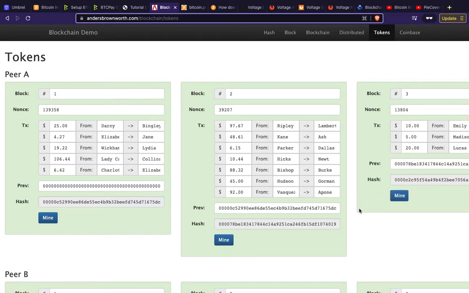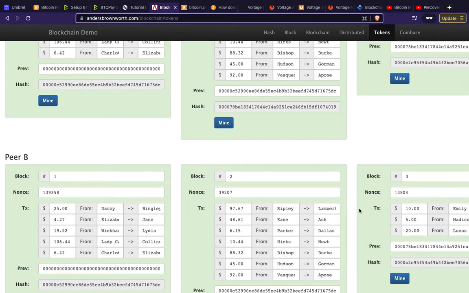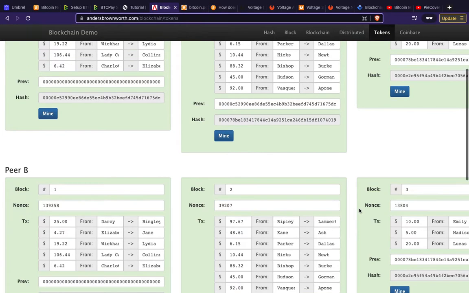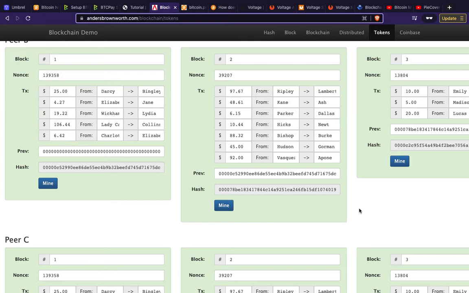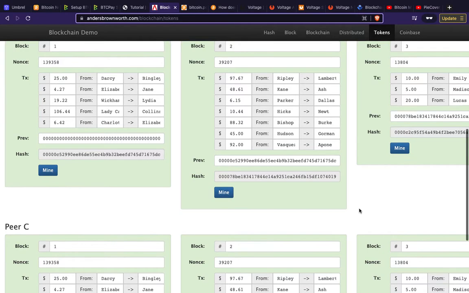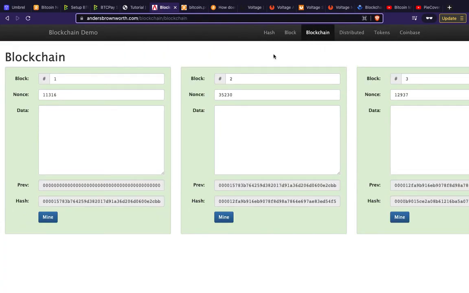Everything has to succeed each other. They have to be connected. The second block has to have the record of the first one, right? And then on and on. So this is basically what the blockchain is, right?